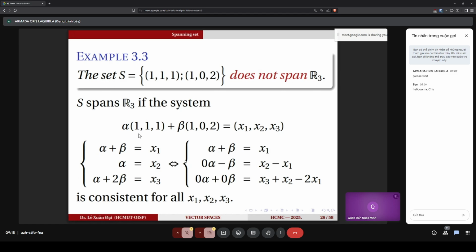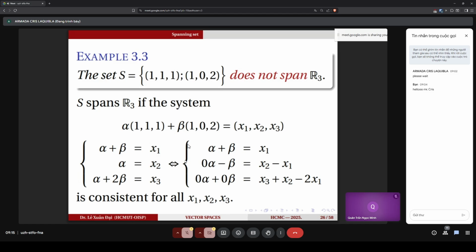Your S will span R3 if there's an alpha and beta that you can multiply with the two vectors, alpha times 1 1 1 plus beta times 1 0 2, and it should be equal to x1, x2, x3. Now class, in this example, we use alpha and beta, and in the previous one, we used a and b.